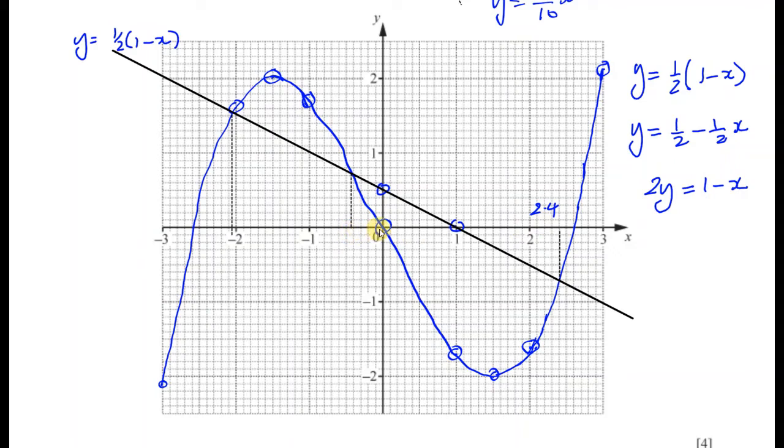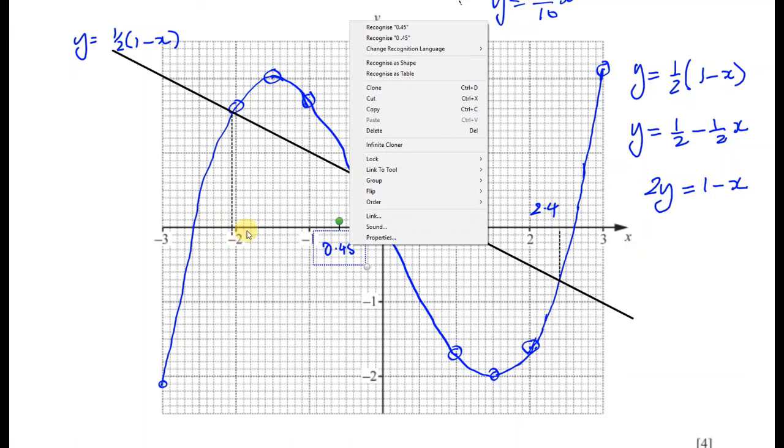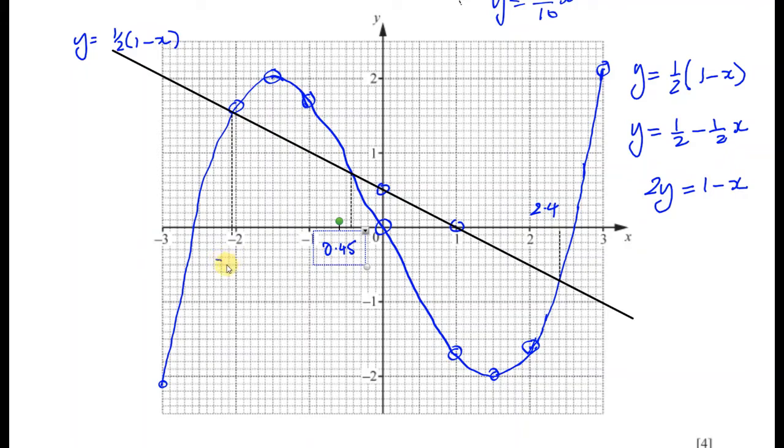And there's this point over here which is 0.45, and you have this point over here which is about minus 2.05. So you've got these three solutions here. That looks like it's slightly less than that, but that should be okay. This graph that we drew could have been a bit better, to be honest.